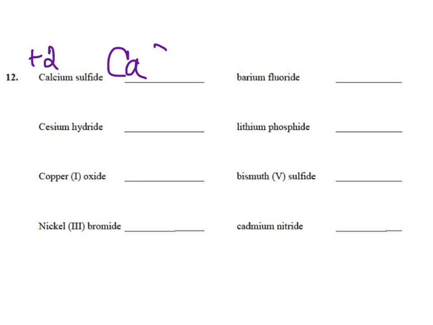Sulfur is S, and it has a -2 charge, so the formula is just CaS. I'm going to pause this and give you a few minutes to work those, and then we'll come back and share them out. All right, barium fluoride. What is the formula?